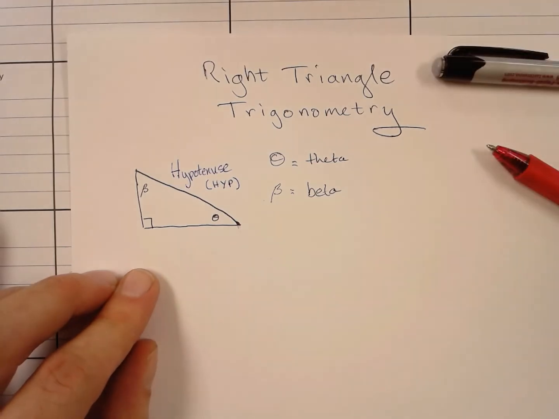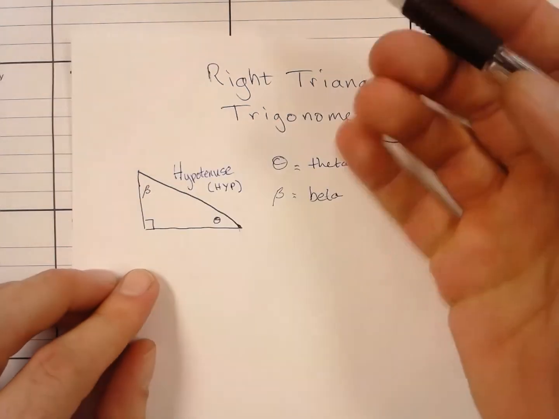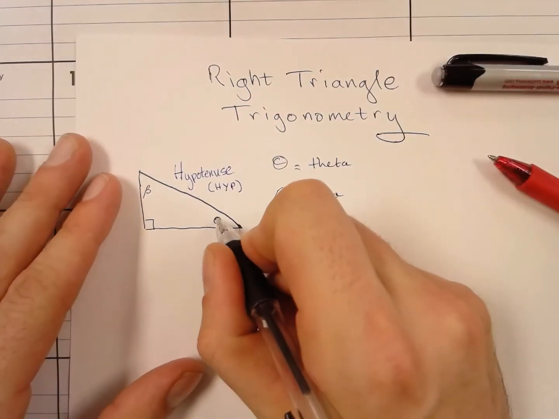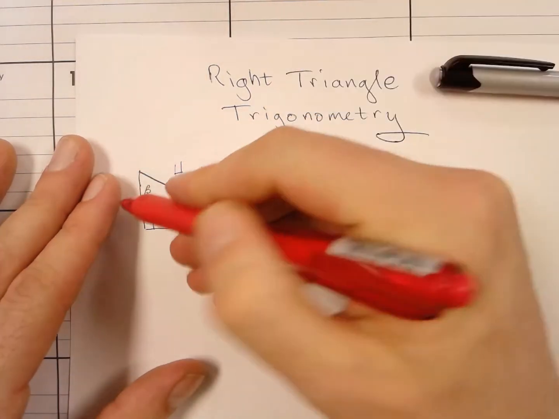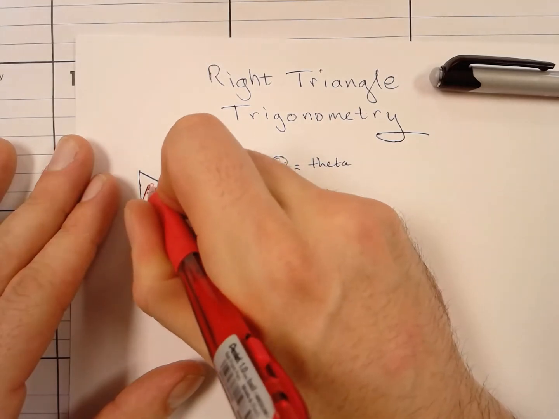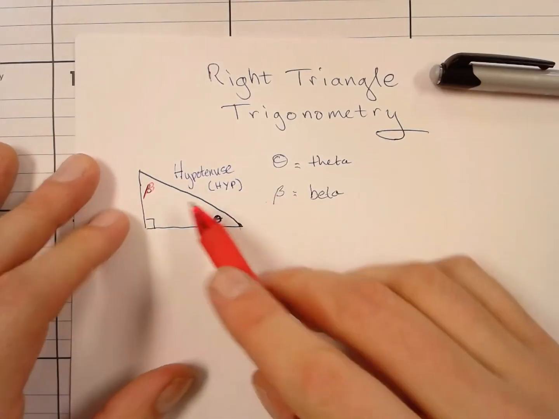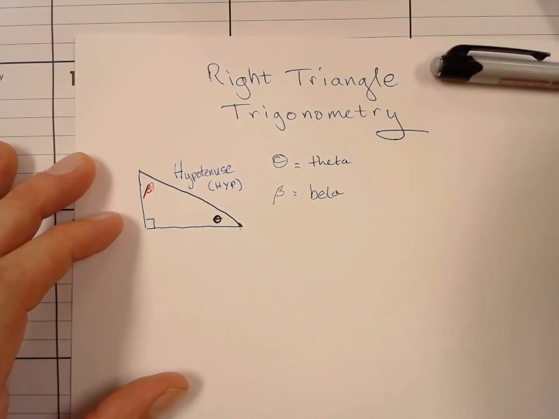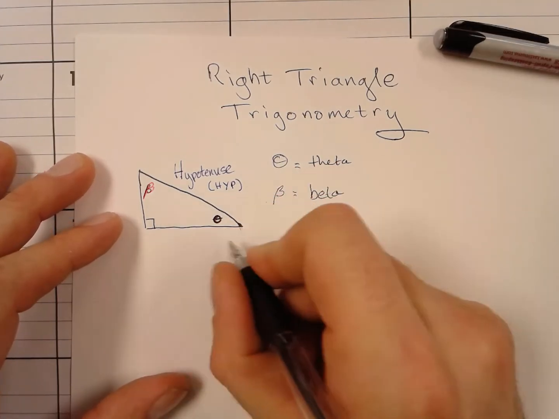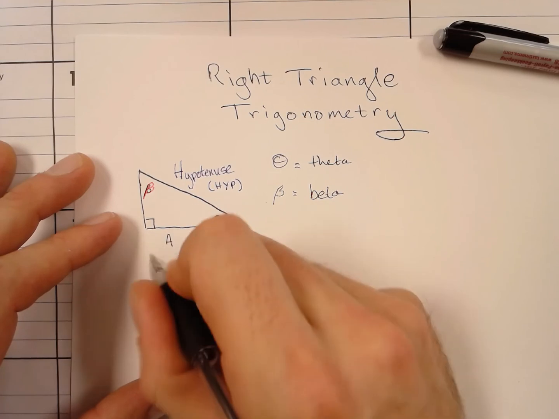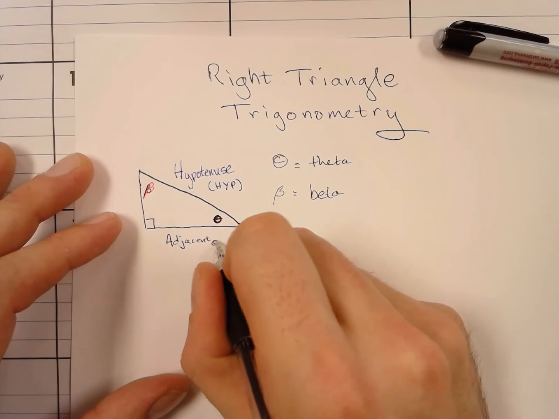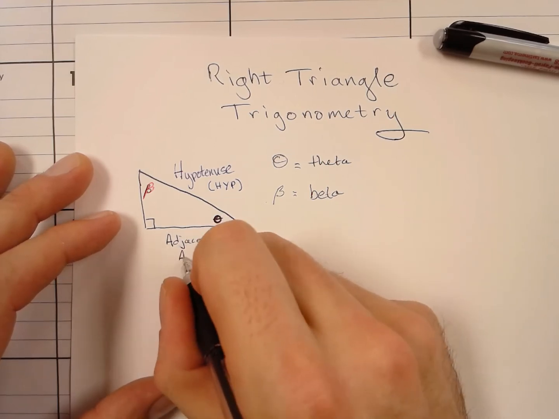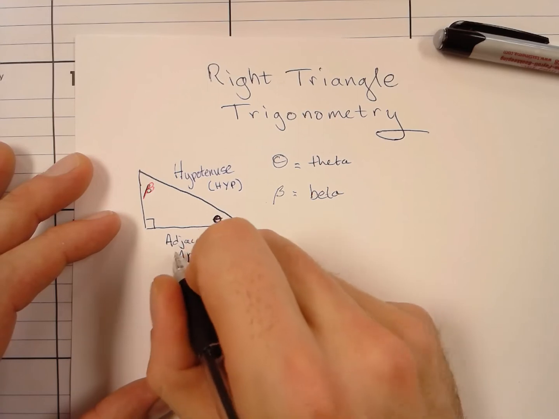So that's why I want to get some different colored pens going on here. Of course, I already used blue, so that was silly. Anyways, I'll use theta in black, and I should have written beta here in the first case, but I'll do beta in red. So here, if I'm orienting myself at angle theta, this side right here is going to be the side that's adjacent to theta, and we will abbreviate adjacent ADJ.